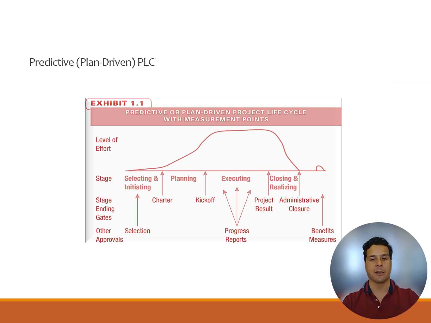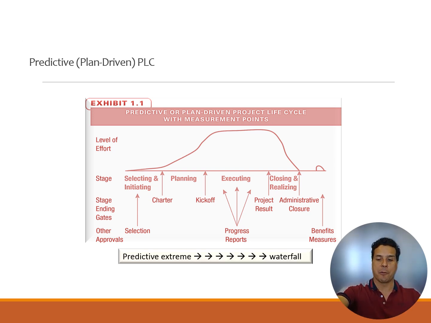We will have that in our Trello boards, which we will work on this week. And then you start having project results and start closing things that are not working, finalizing, testing with the users and so on. That comes into the closing and realization. And at the end you will have the administrative closure, hand over the project to your client, and then you expect they're going to have the benefits.